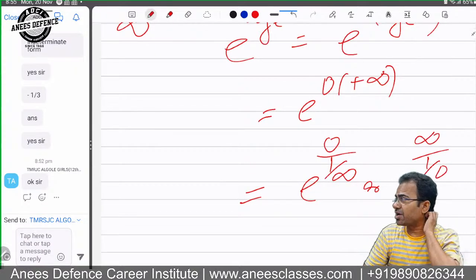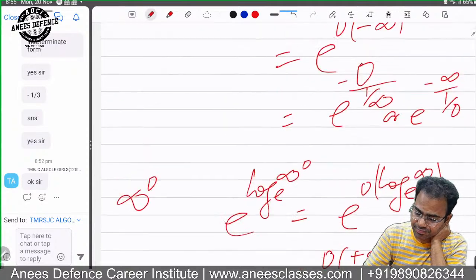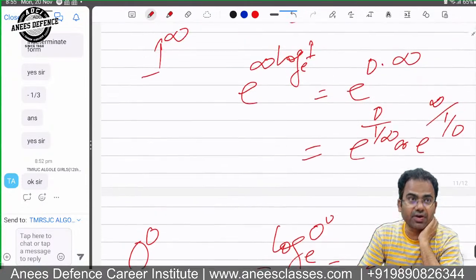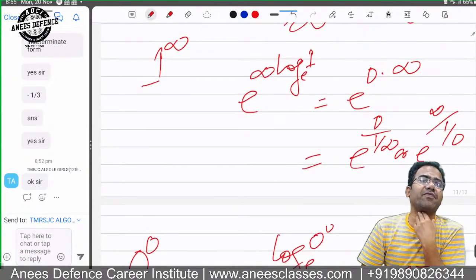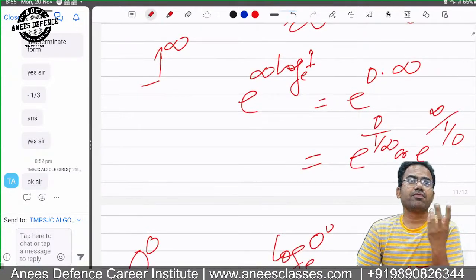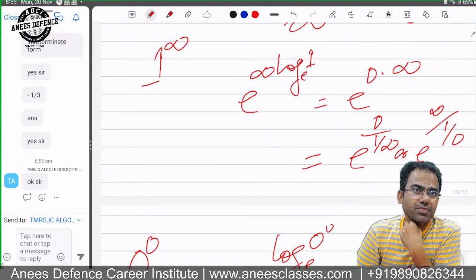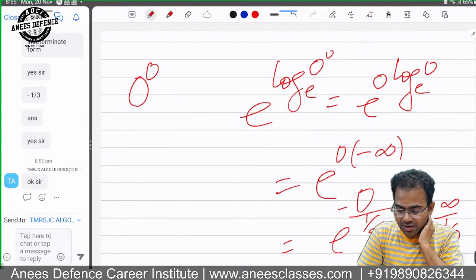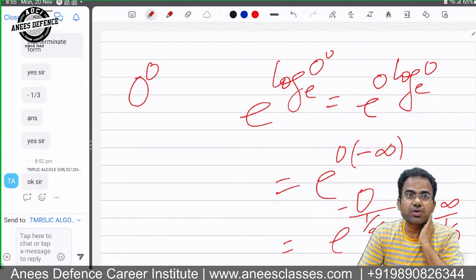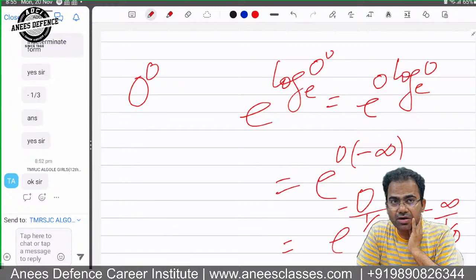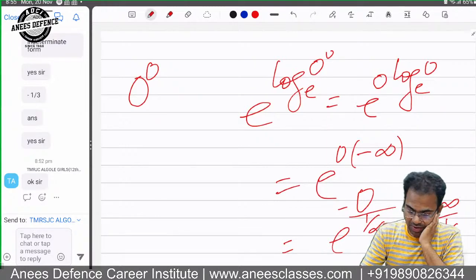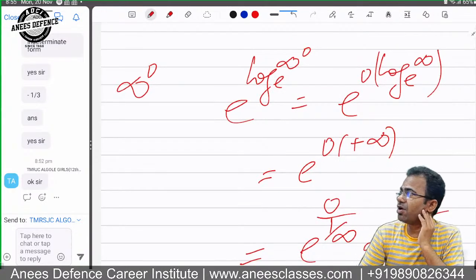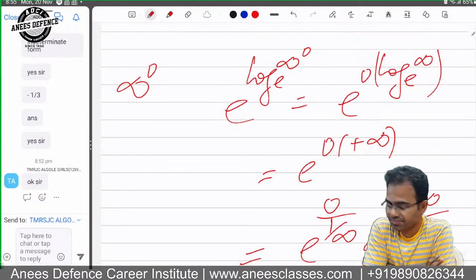Then I will use the L'Hopital method in the power. Okay. So for 1 to the infinity, we can use the L'Hopital method in the power. We can use the L'Hopital method for 0 to the 0 by converting to e to the power, and again for infinity to the power 0. Right.